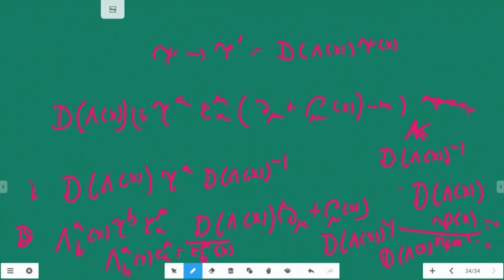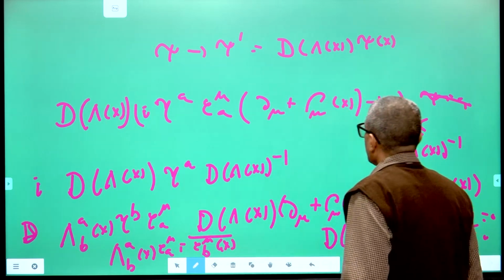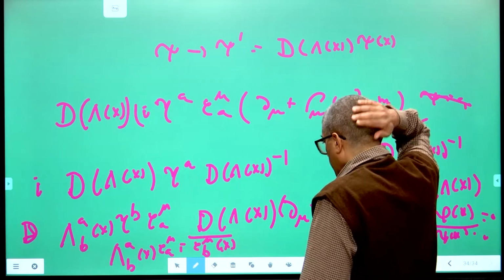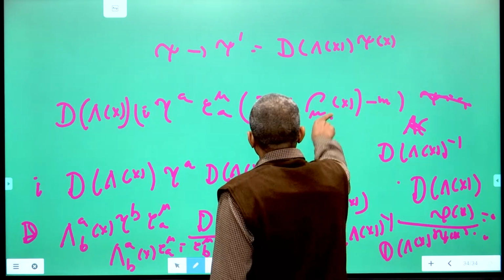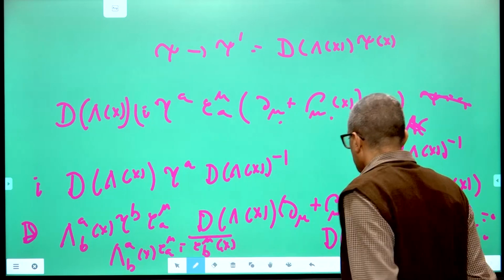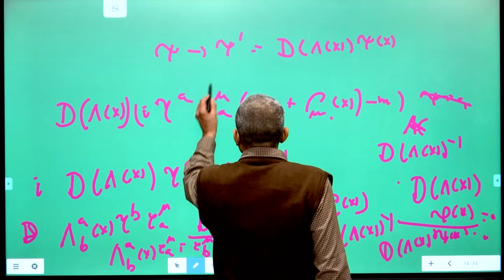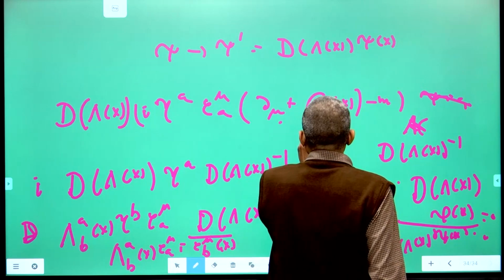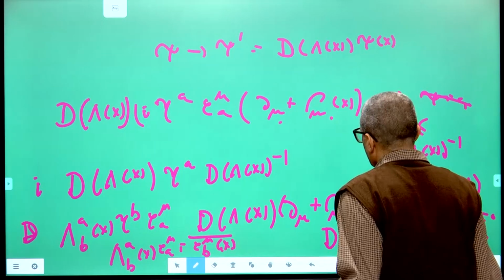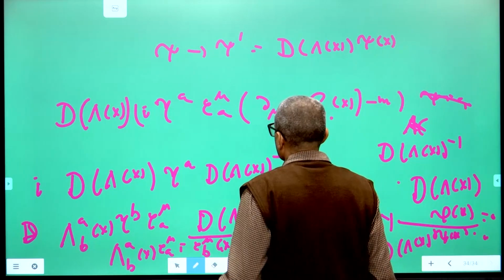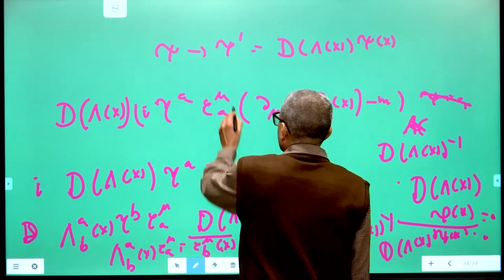So this is fine, but if you look at dou mu plus gamma mu x under a local Lorentz transformation, you want this to go to dou mu bar plus gamma mu bar to get the correct invariance. Under local Lorentz transformations, E mu A goes to E mu A bar, and dou mu plus gamma mu should go to dou mu bar plus gamma mu bar, where dou mu bar is the same as dou mu, because local Lorentz transformations affect only the indices A, B, only the indices A, they won't affect the indices mu.